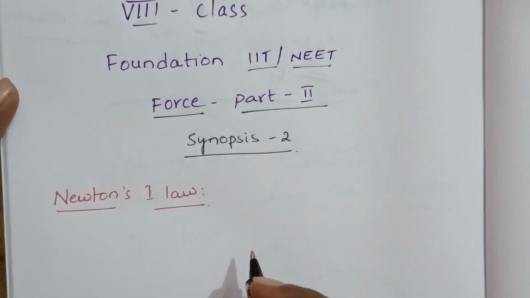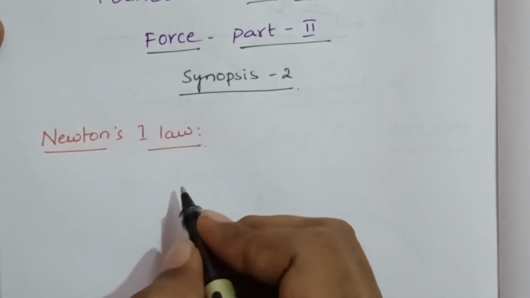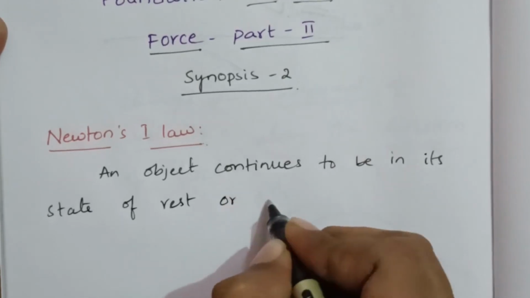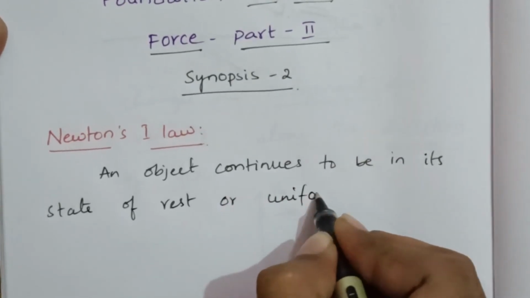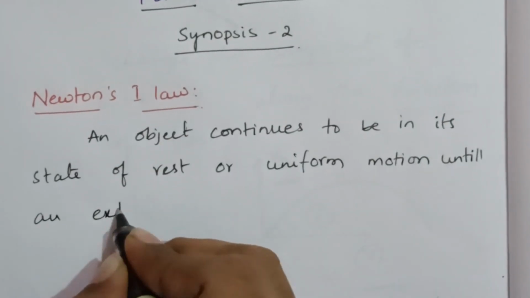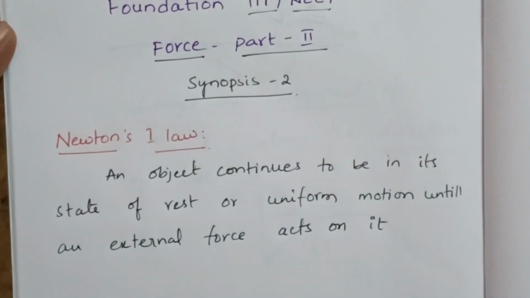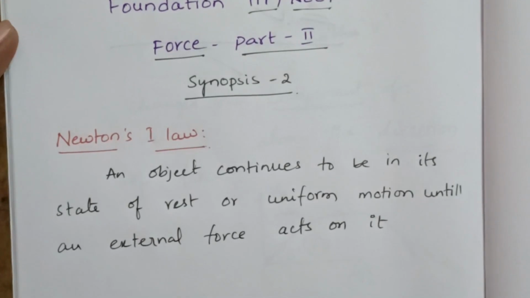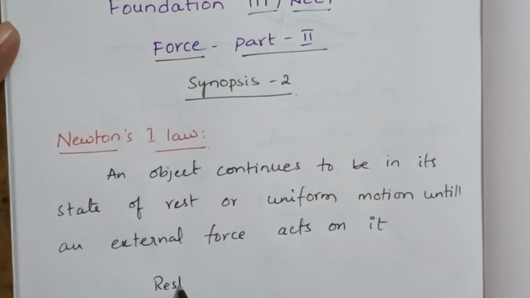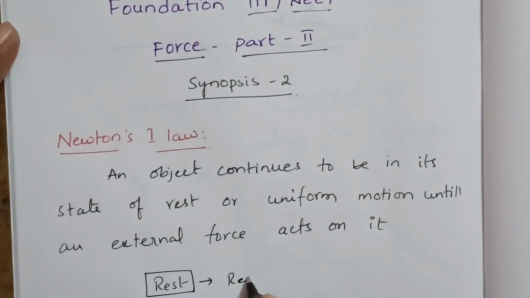Newton's first law states that an object continues to be in its state of rest or uniform motion until an external force acts on it. Means if the body is at rest, it continues to be in its state of rest.